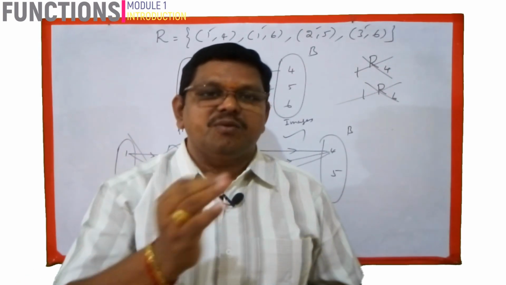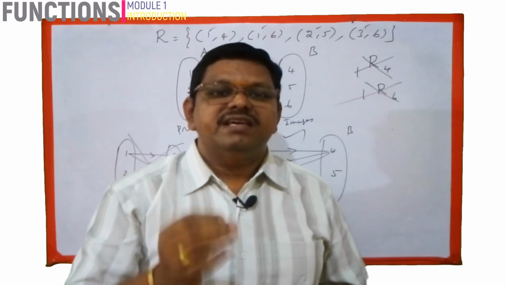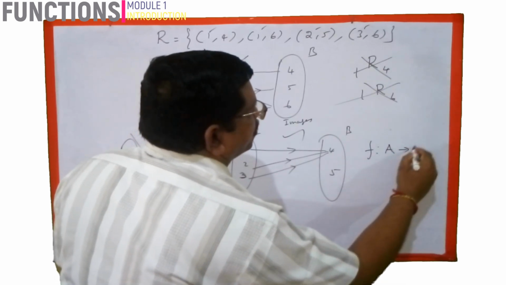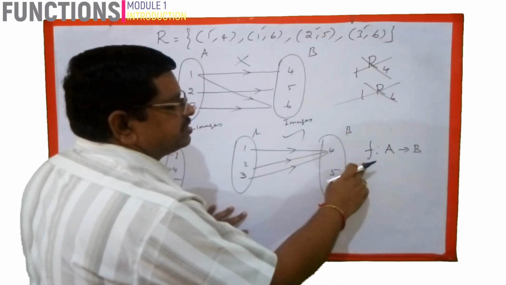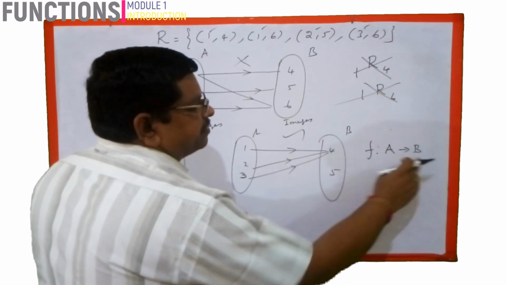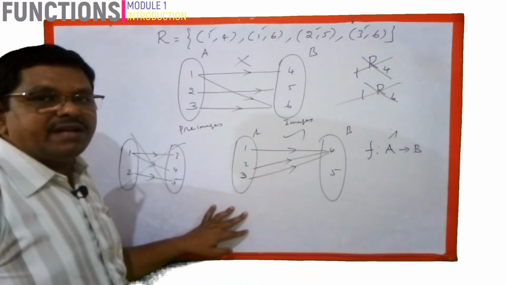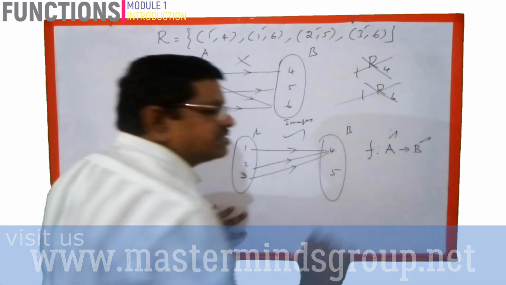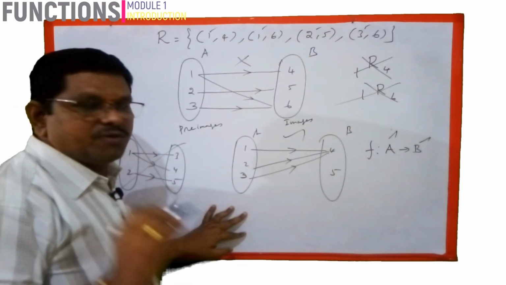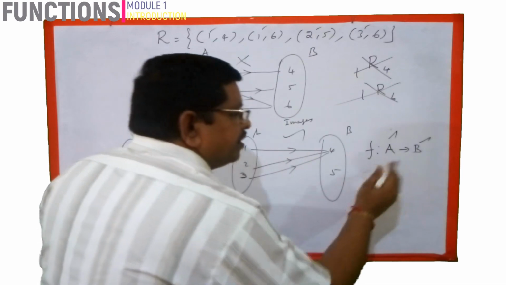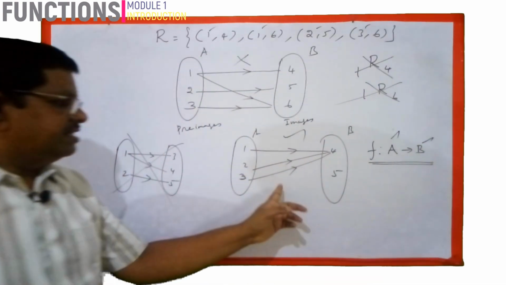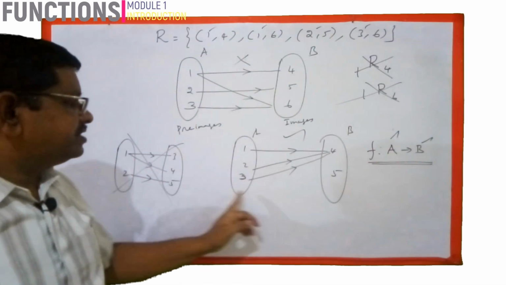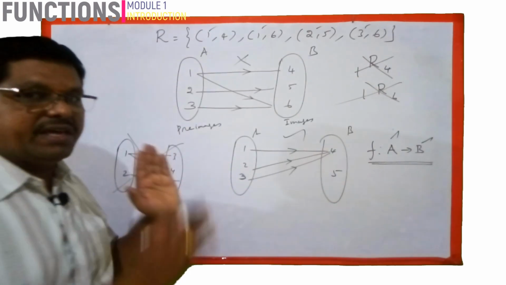A function is an operation, or a rule, which is taken as f from A to B. We have to read it as f is a function from set A to set B, where A is the domain and B is the codomain, containing all the elements. So here this case is a function. Clear?